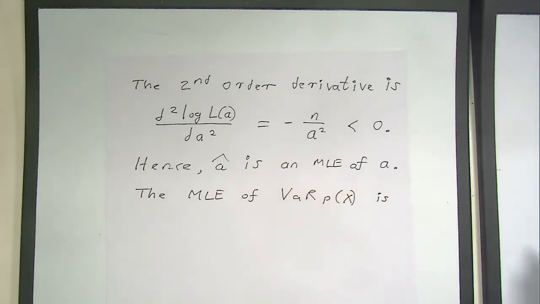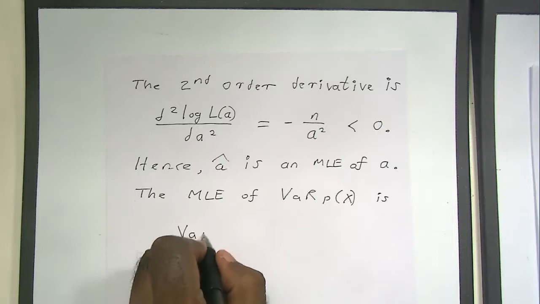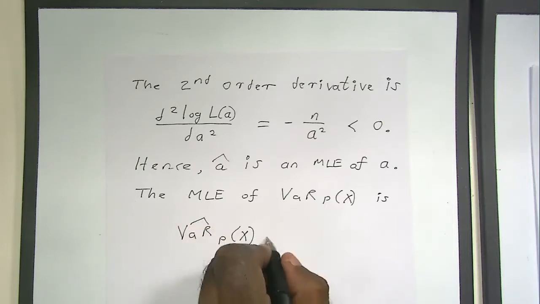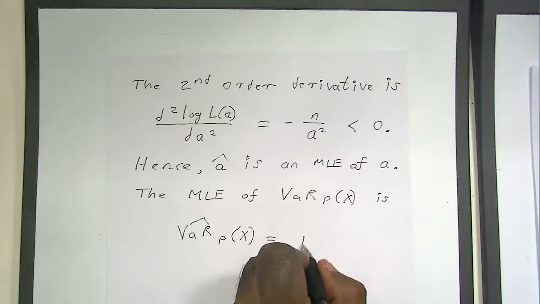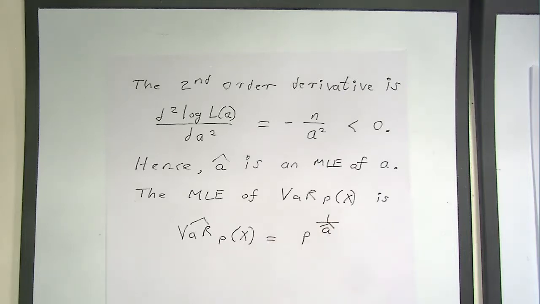Now the VaR, as you know, is this one here. This is the VaR. So the MLE of VaR will be this, okay?